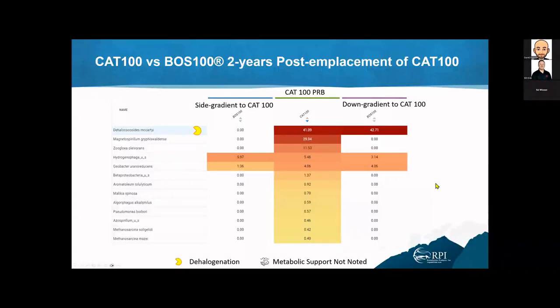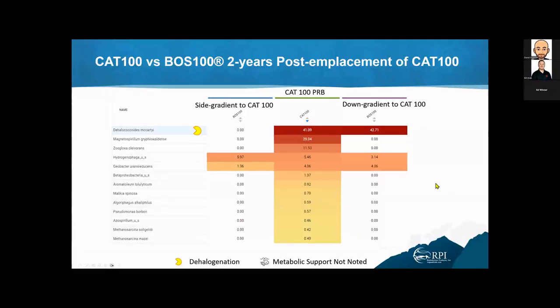What I'm intending to show you is that on the left side, you do not see Dehalococcoides mccartyi being present in the BOS 100 injection. In fact, most of the microbes are not shared. In the CAT 100 injection, you see Dehalococcoides mccartyi, and then down gradient in the BOS 100 injection, you start to see it also because the CAT PBR influenced the BOS 100 down gradient.